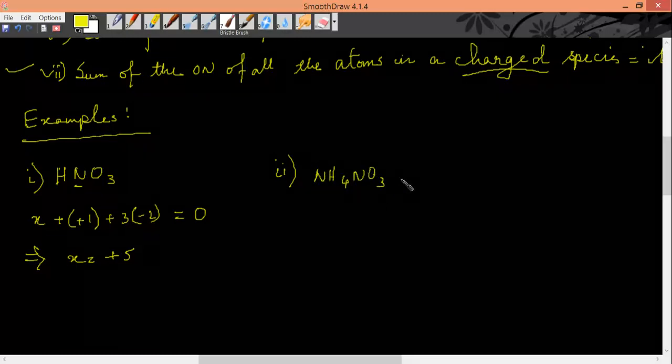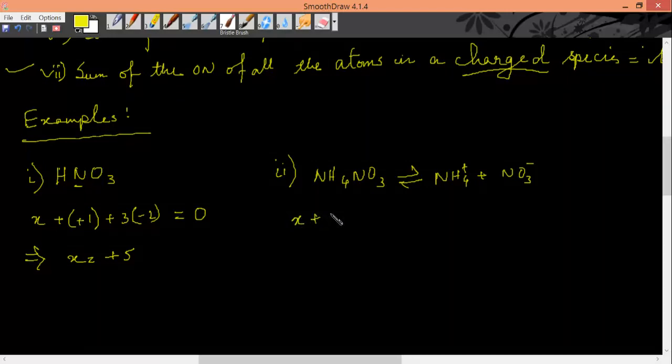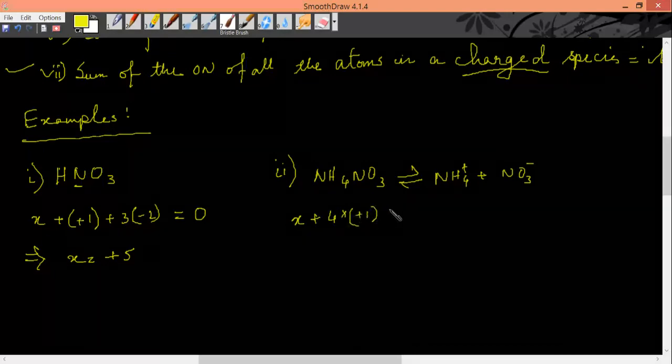The second example is NH4NO3. This exists as NH4 plus and NO3 minus. We have to calculate the oxidation number of these two nitrogens. For NH4 plus, oxidation number of nitrogen is X and for 4 hydrogens 4 into plus 1, and it is a charged species so it equals plus 1, which is its charge.